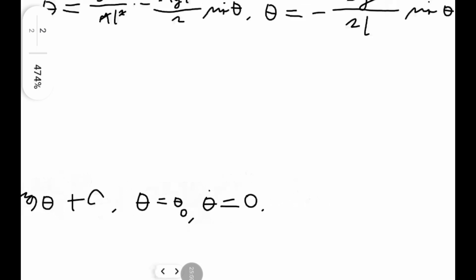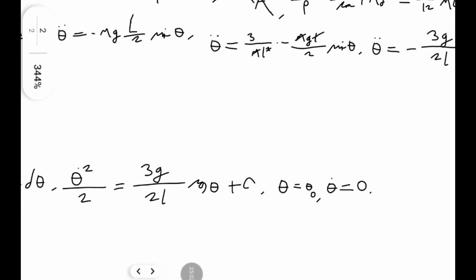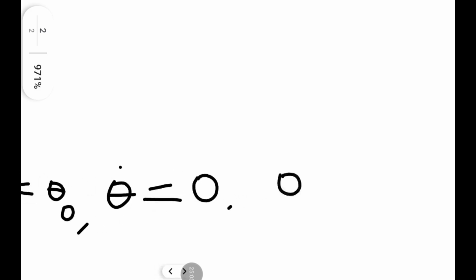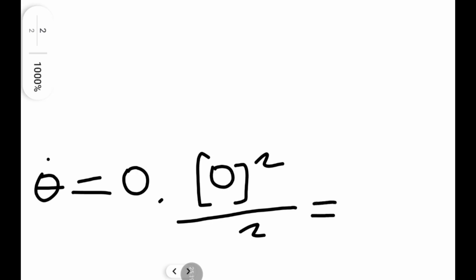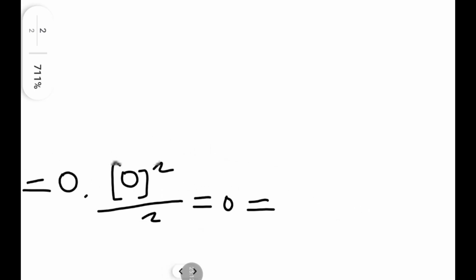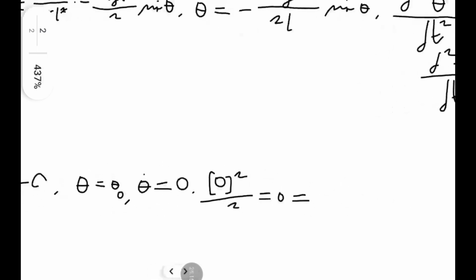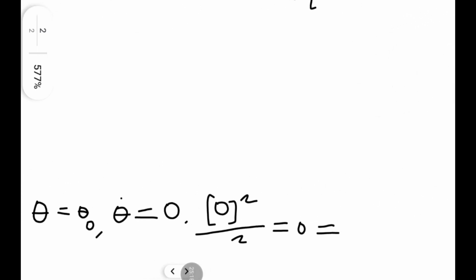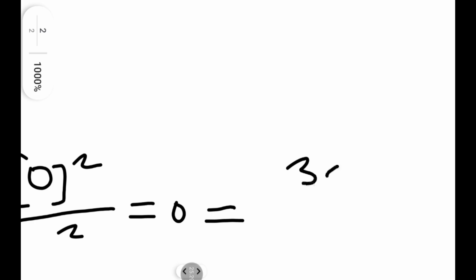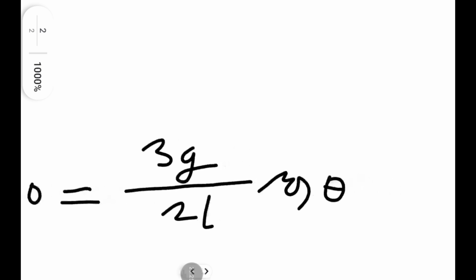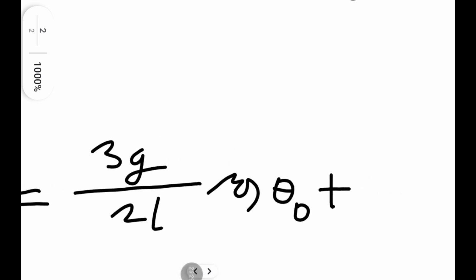With that, you can stick both into the equation, which is 0 squared over 2, which equals 0, equals 3g over 2l cosine of theta, the initial theta angle, add c.